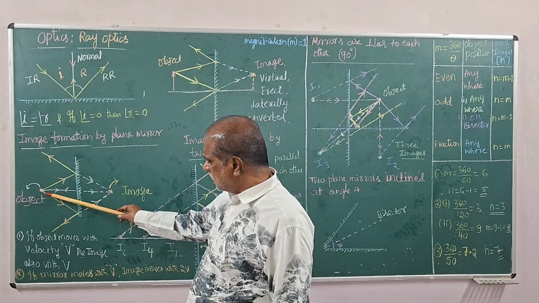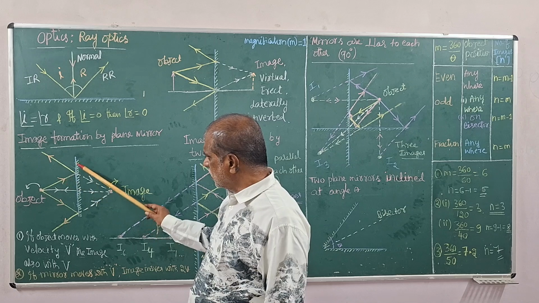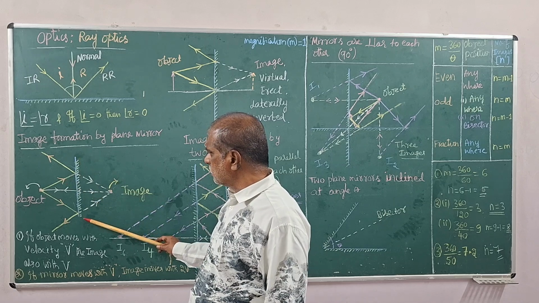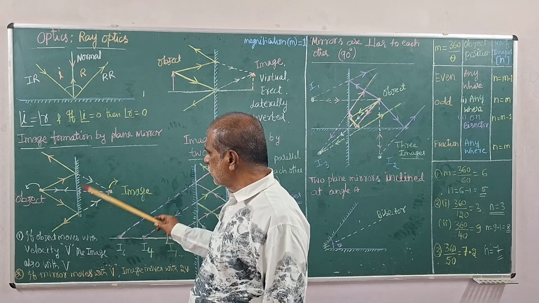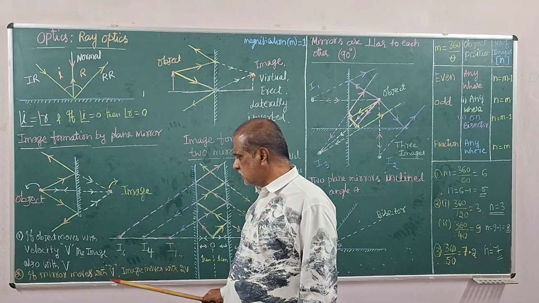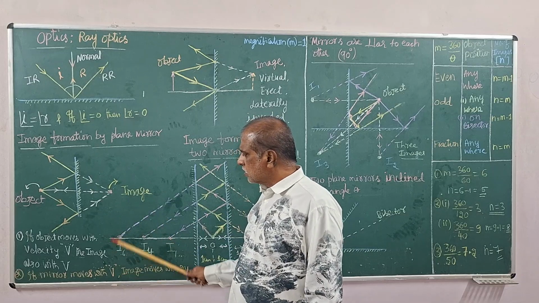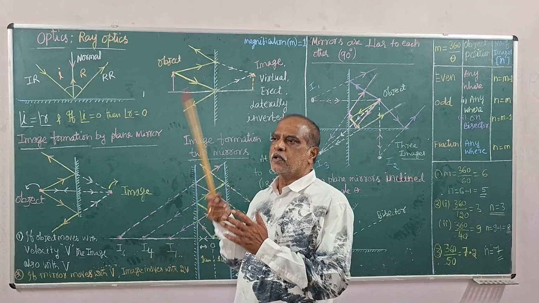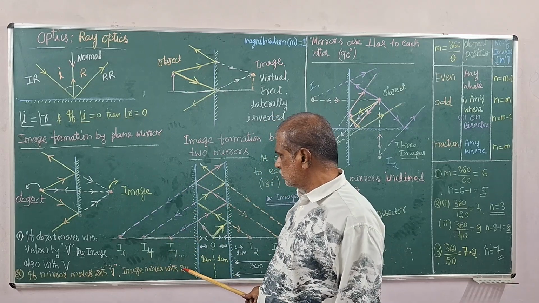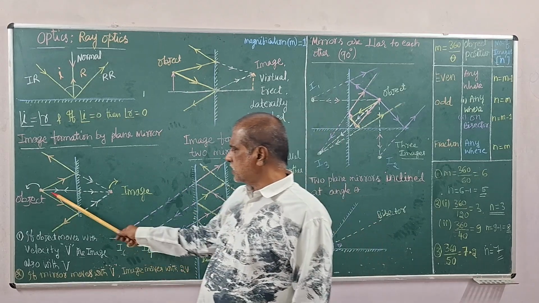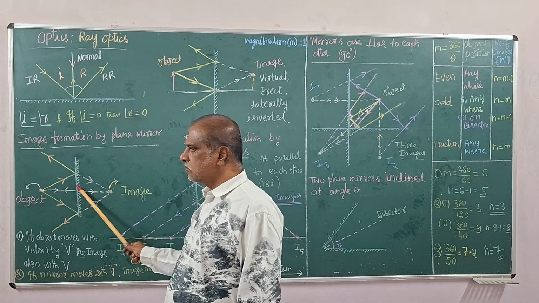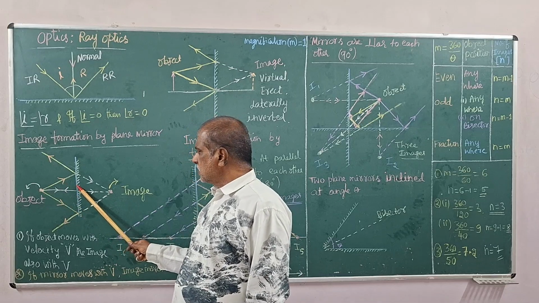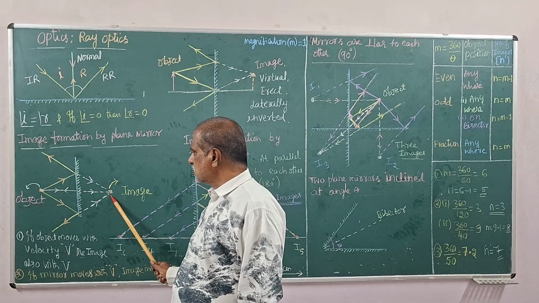Suppose the object is fixed and the mirror is moving. If the mirror is moving with a velocity v, then observe that the velocity of the image is double, 2v. Fixing the object and moving the mirror with velocity v, the image velocity is double.